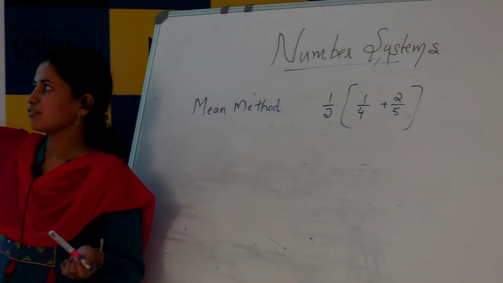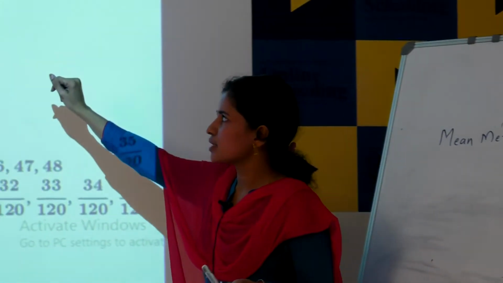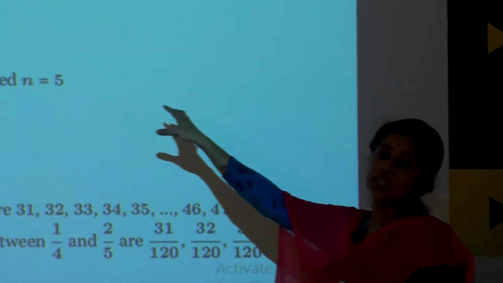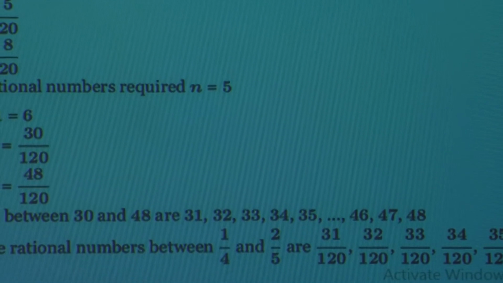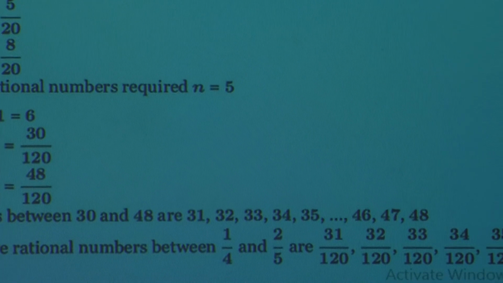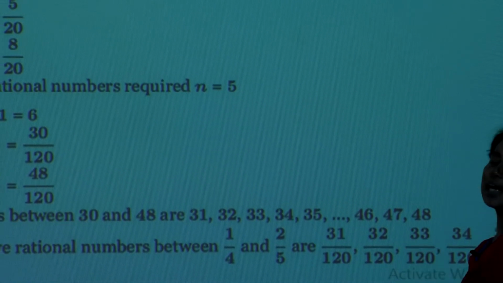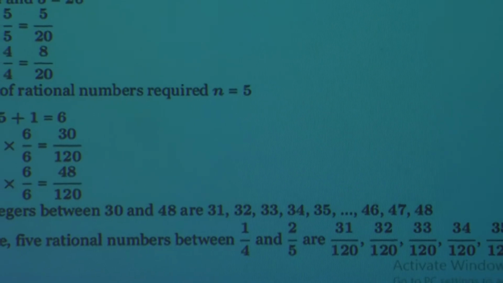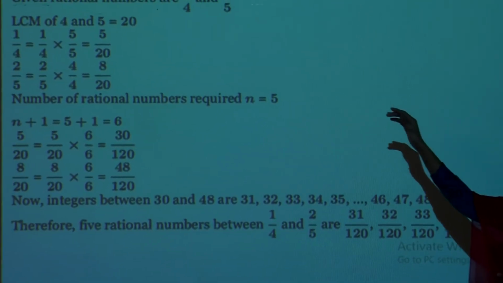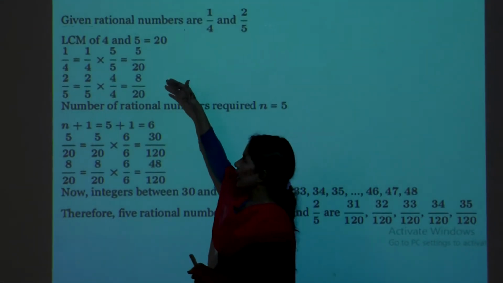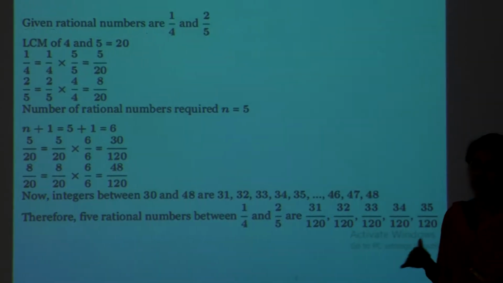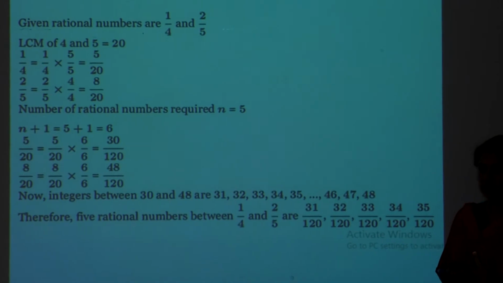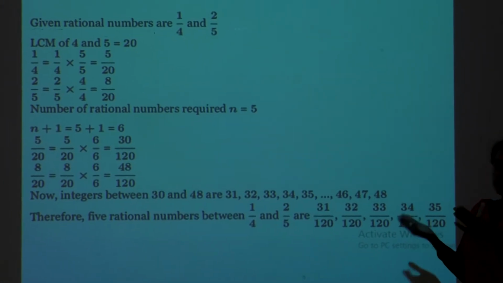So here we find the LCM of the denominators of the rational numbers, 4 and 5. The LCM of 4 and 5 is 20. So I multiplied the numerator and denominator to get 5 by 20 and 8 by 20. So in between 5 by 20 and 8 by 20 we find the rational numbers 6 by 20 and 7 by 20.